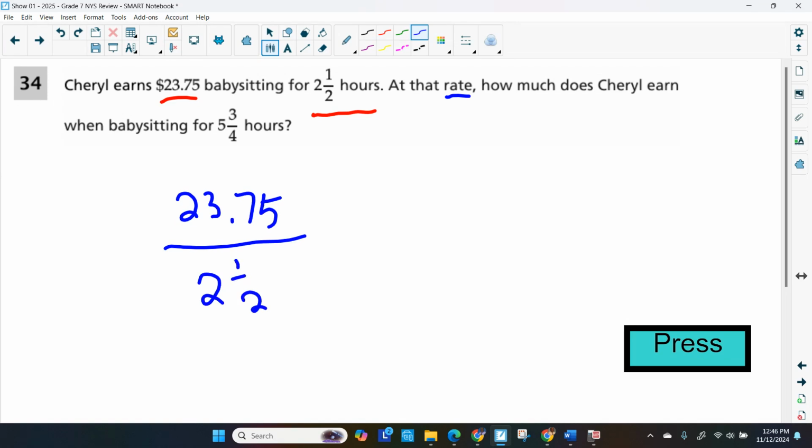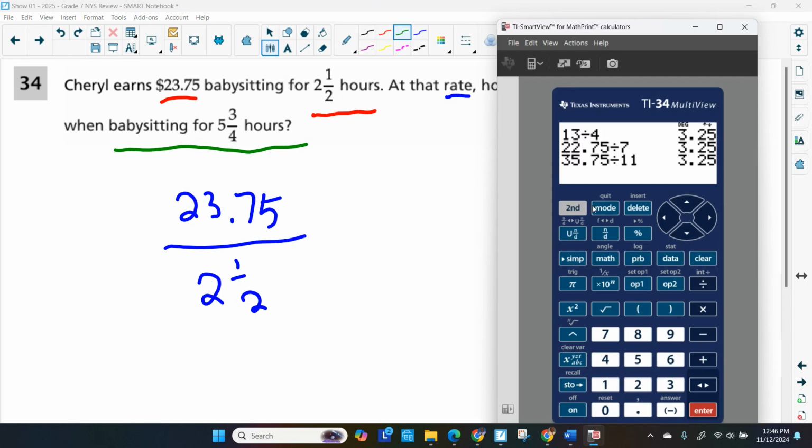So that is a rate. So what we should do is get our calculator and find out how much it is for 1 hour. But before I do that, let me finish reading the question. How much does Cheryl earn when she's babysitting 5 3/4 hours? All right, so let me get my calculator because this is good calculator work. Let me clear this off.